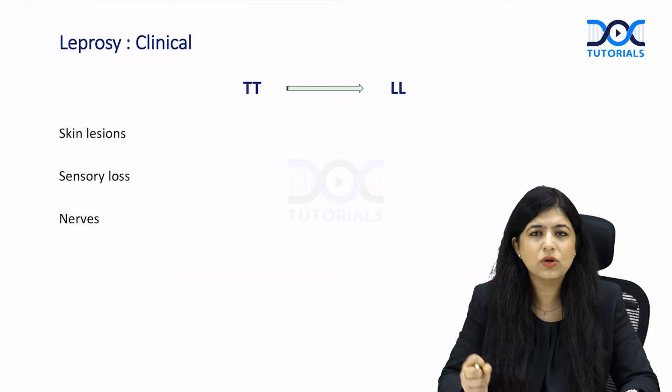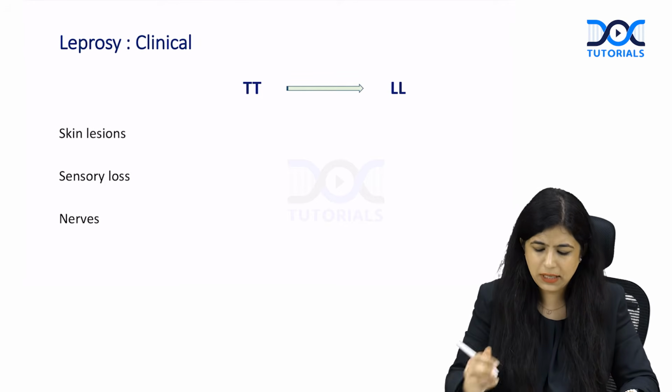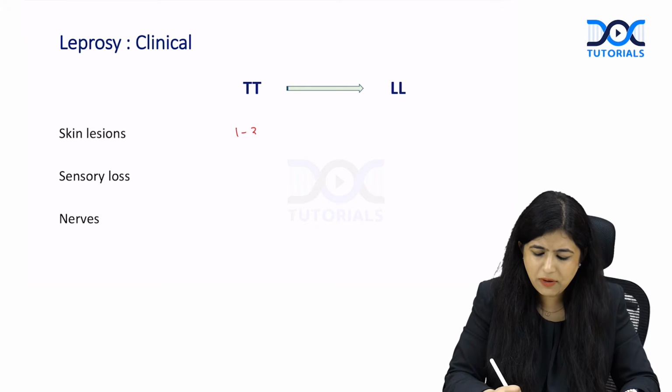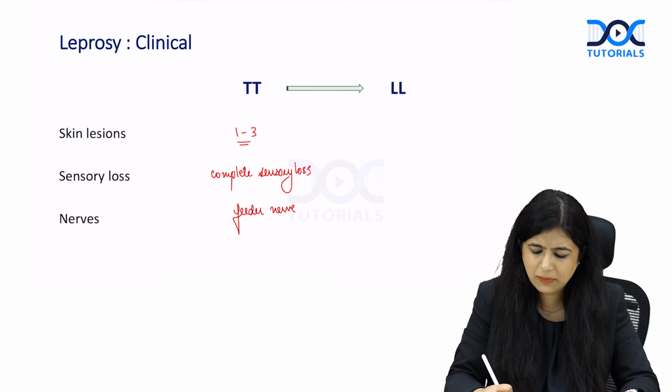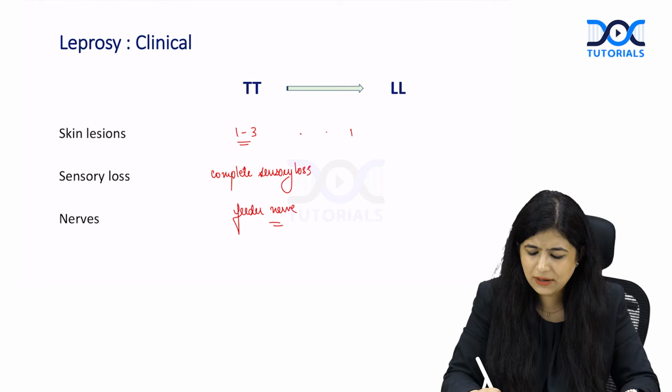Now, what happens to the clinical features? See, if the immunity is good, the bacteria are killed, the lesions will be minimal. So in TT, we are going to have hardly a few lesions with complete sensory loss and hardly a feeder nerve, that is a nerve around the lesion that may be enlarged. As we move to BT, BB, and BL, the number of lesions increase.